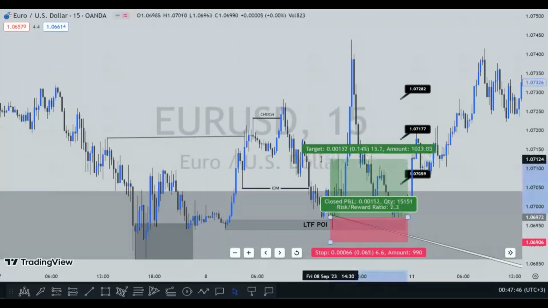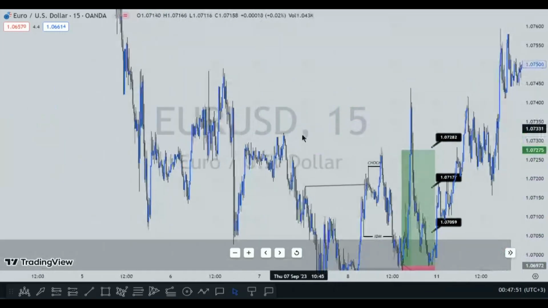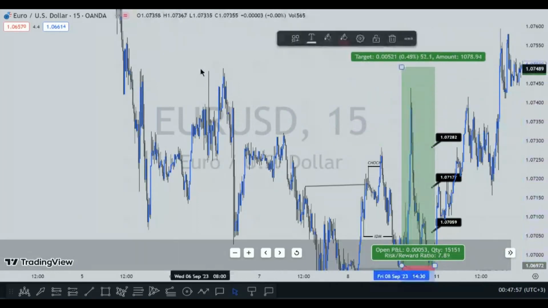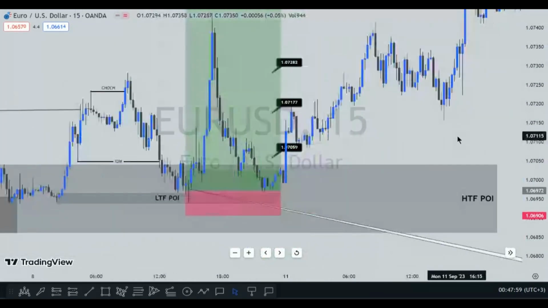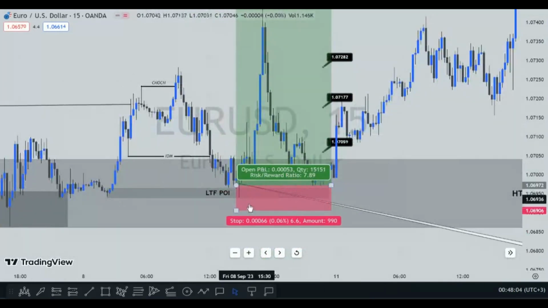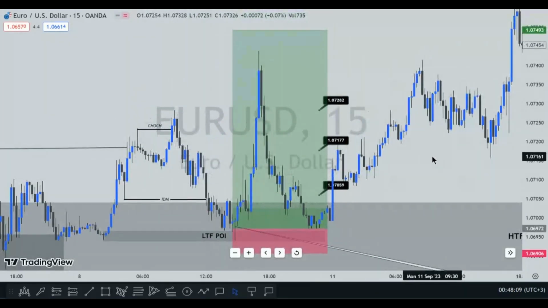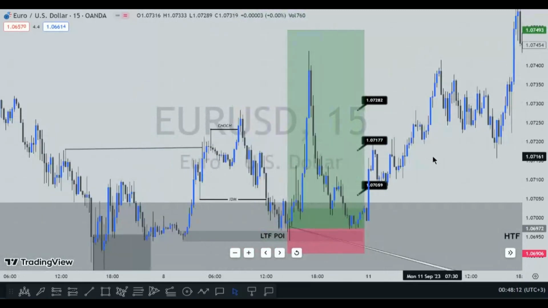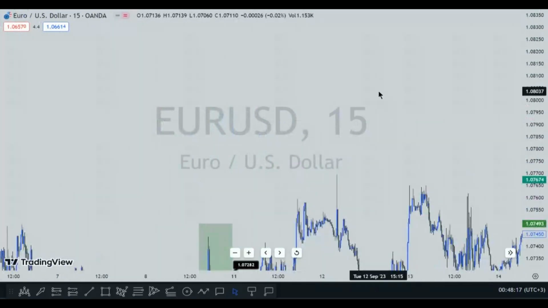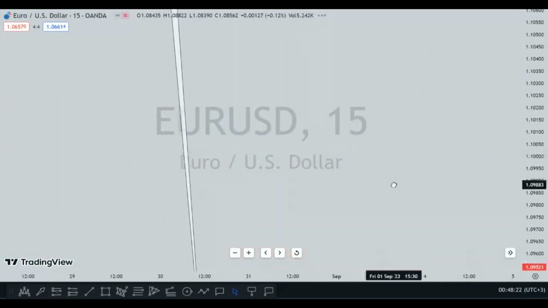Then you take profit at this major high right here. As you can see, price tapped this order block and then made a move to the upside. So I hope you have understood the two types of smart money concept entry.